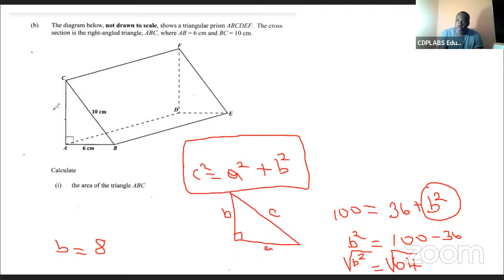So put the 8 up here, so now we can apply the formula half base times height. Now we have the height, we have the base. So half times the base, which is 6, times the height, which is 8. And 6 times 8 is how much?